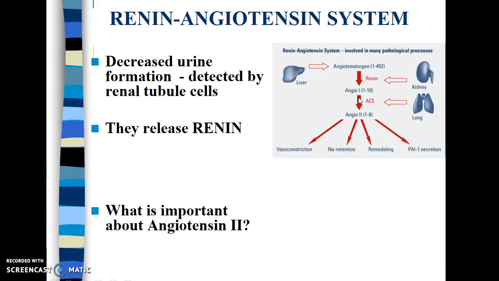Angiotensin 1, as it is circulating through the body, once it's released back into the bloodstream, as it goes through the lungs, it's going to interact with angiotensin converting enzyme, and that converts angiotensin 1 into angiotensin 2. And angiotensin 2, hopefully you know why angiotensin 2 is so important.